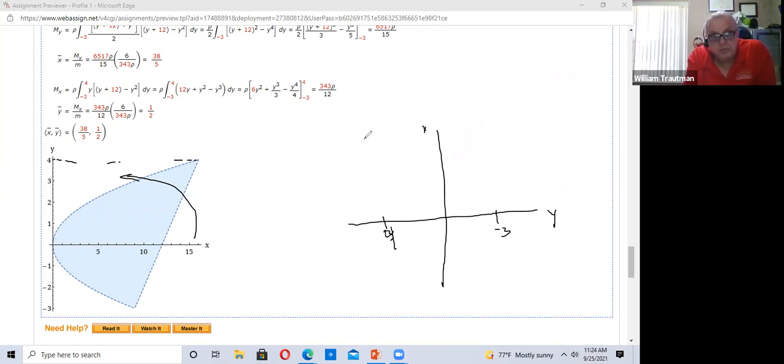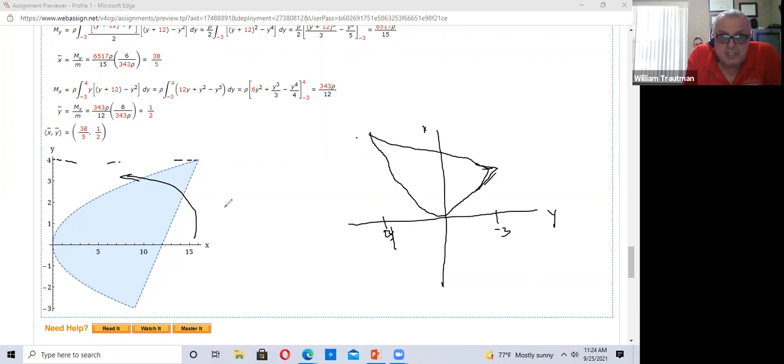I think it looks like this. There we go. And then it looks like this. So it looks something like that, right? This is the graph that we're talking about.